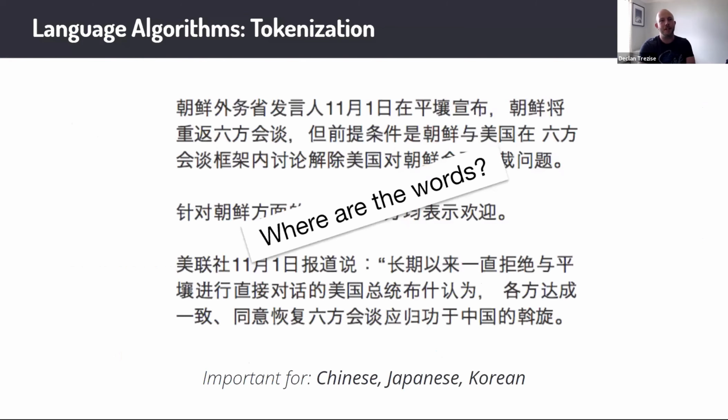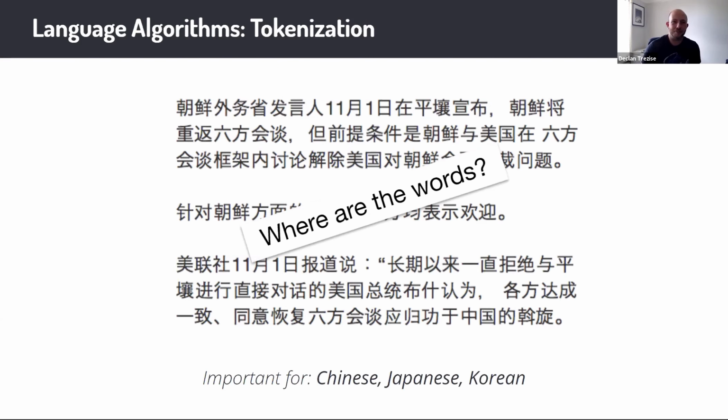So here we're going to talk about all that prep that we might do for searching. And this particular example is completely impenetrable for me. I've got no idea where the word boundaries are in Chinese text or any Asian languages that use derived forms of any of these characters. So you can't just say every 2 characters is a word.